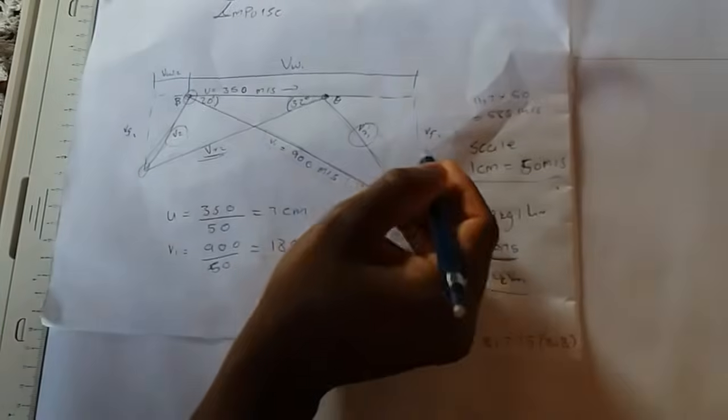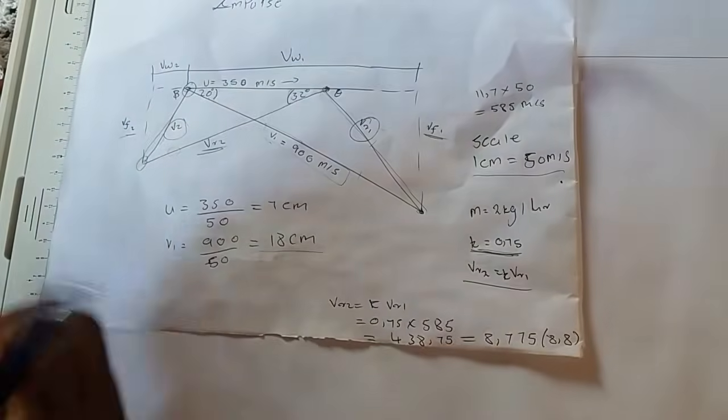The next step is to insert all the information that will be needed here. First we have to draw the velocity of flow number 1 and velocity of flow number 2. So we said from here going down it will be 90 degrees. So we'll do something like this.